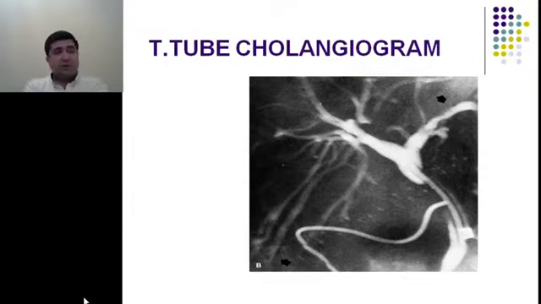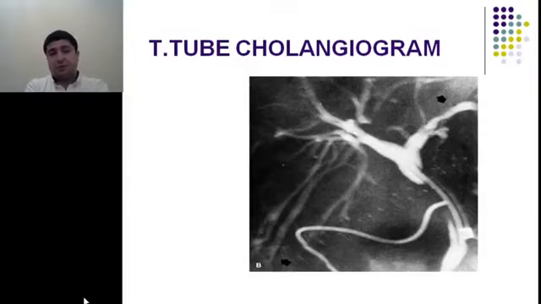Because if a patient lives a long time with bilirubinemia and mechanical jaundice, with very increased levels of bilirubin, these patients will have compression and hypertension in the bile ducts.